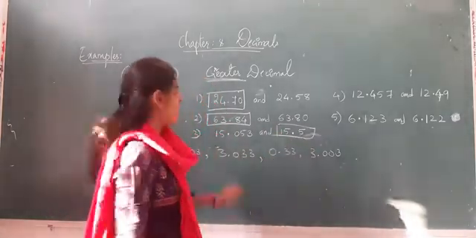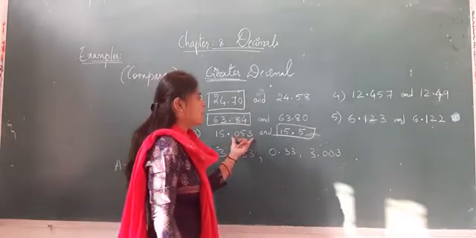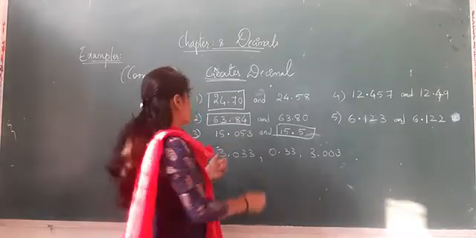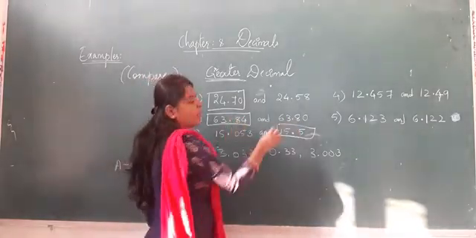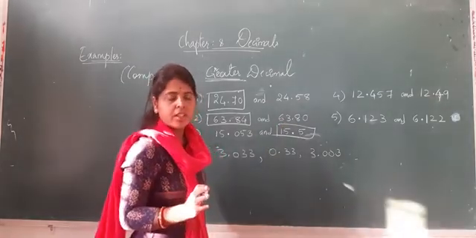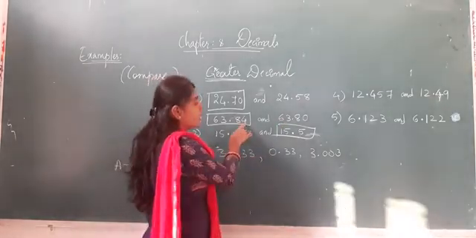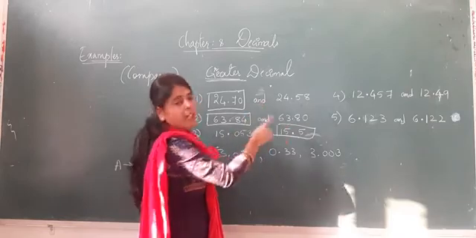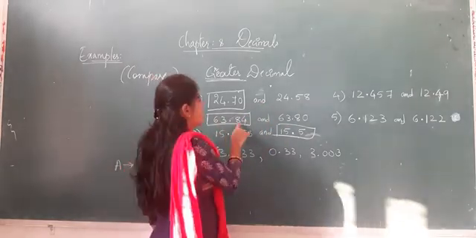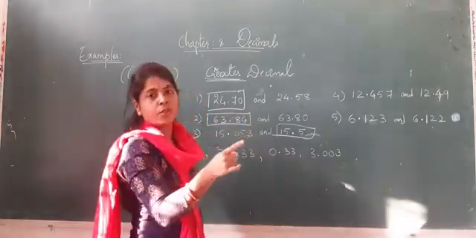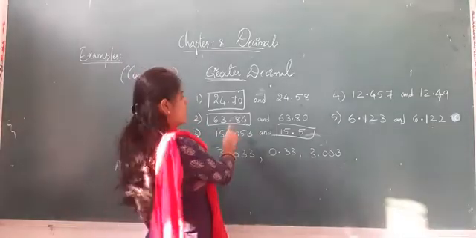After the decimal, each place value should be compared. So here 0.8 and 0.8 are both the same. We cannot say which is greater. But in the second place we have 4 and there we have 0. 0.04, 0.00, so 0.04 is greater here.